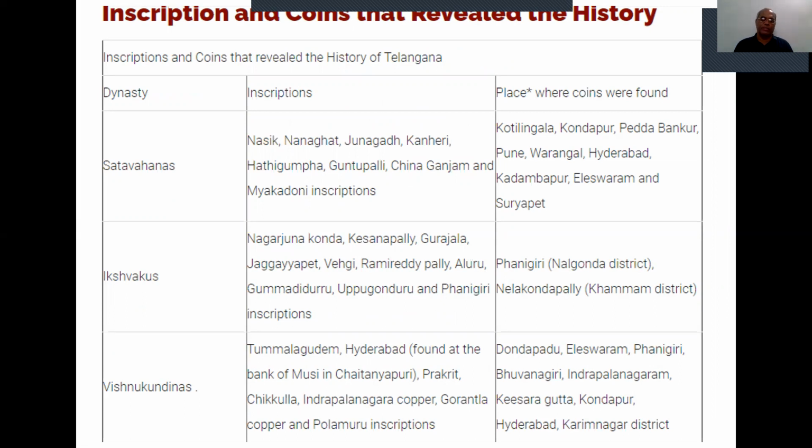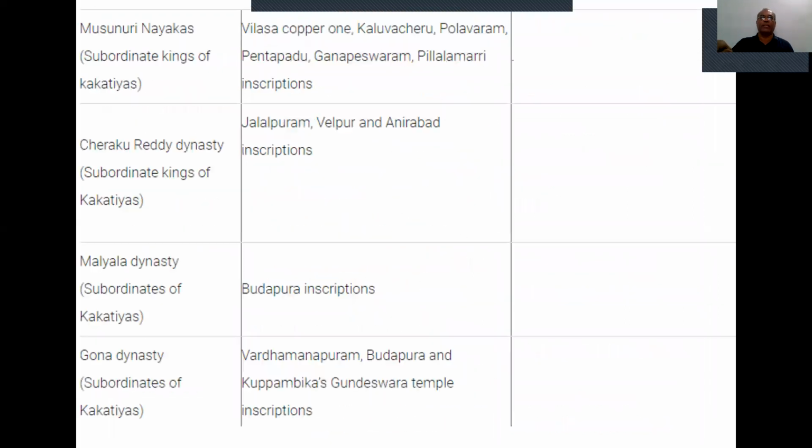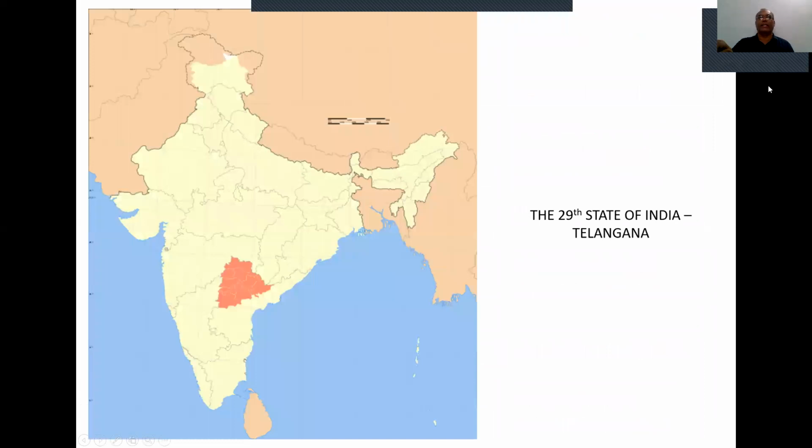In the next class, we will be trying to take up the Satavahana dynasty. And here I am showing you the map in which you have the Telangana state being very clearly shown.